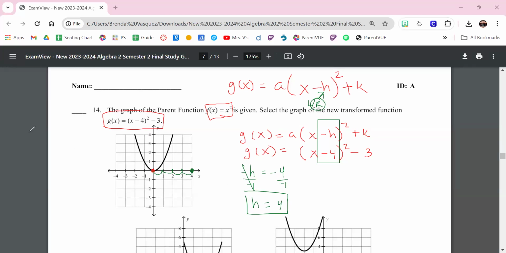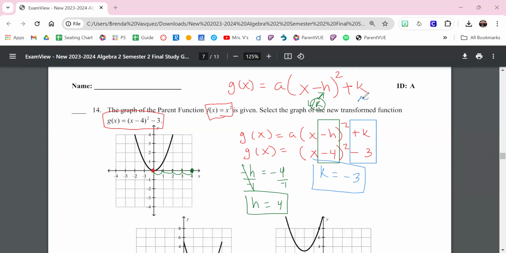My next parameter is parameter k. Let me identify parameter k. K in this case is negative 3, so let me write that down. k equals negative 3. Is k isolated? Yes.